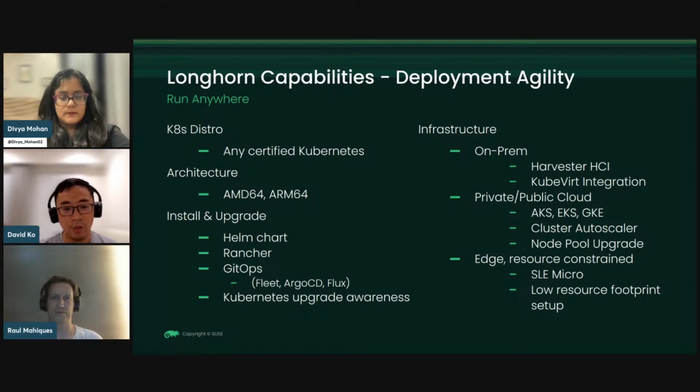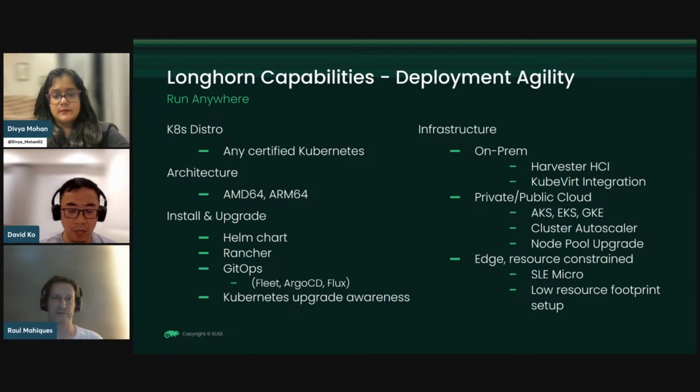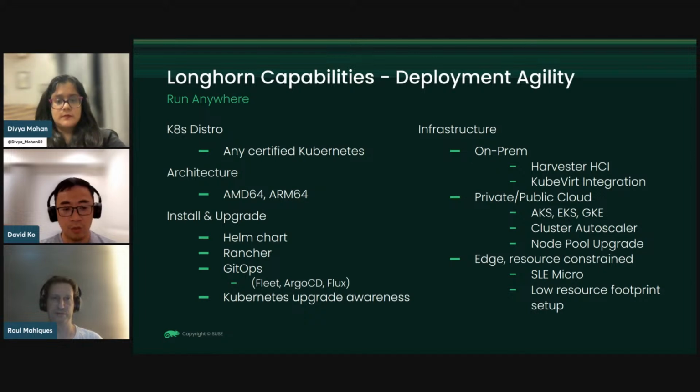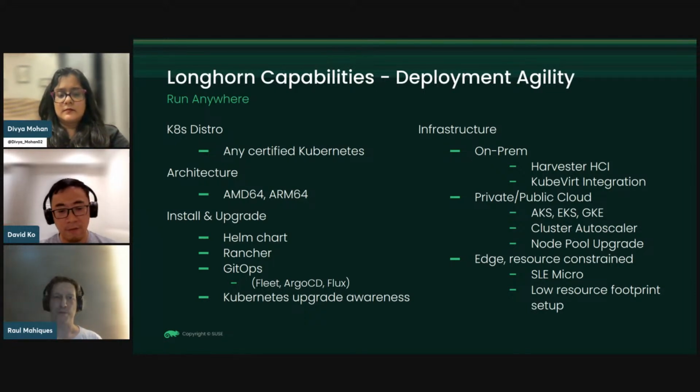Besides Helm installation and the Rancher application marketplace, we also support GitOps, because automation is always first class, as we want to make our infra deployment more productive and efficient. For Longhorn, we have already verified that it can be managed by Fleet, SUSE Fleet, Argo CD, and Flux.